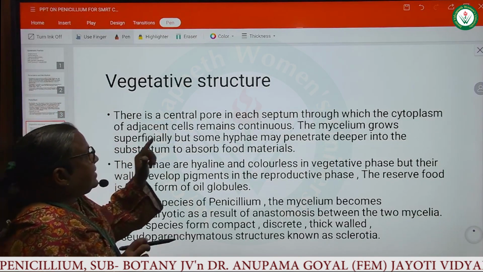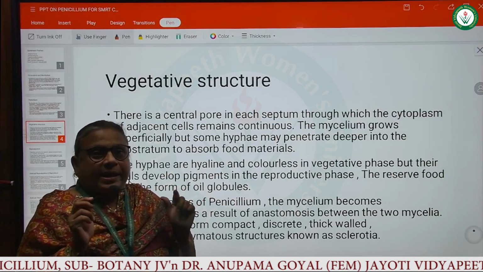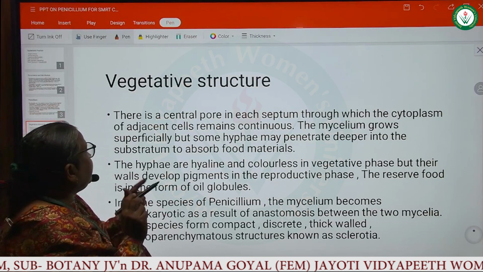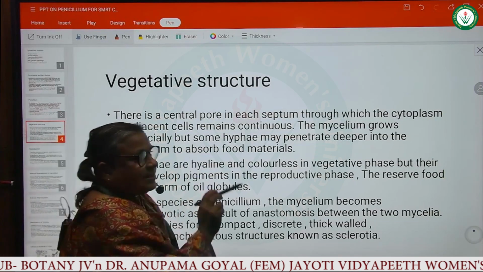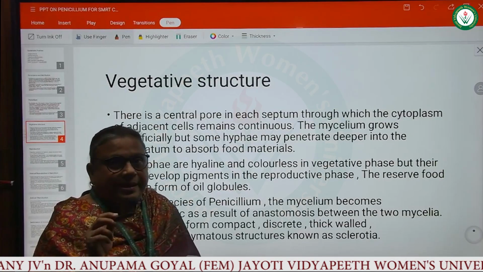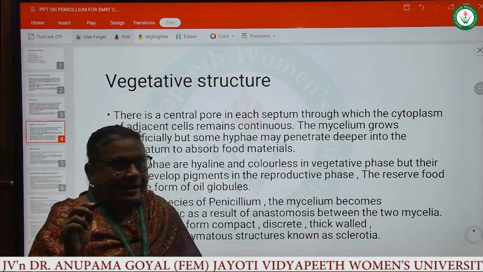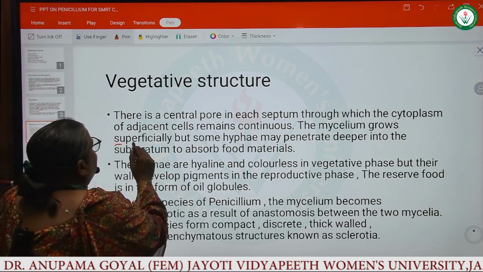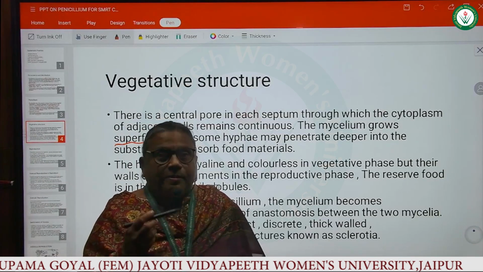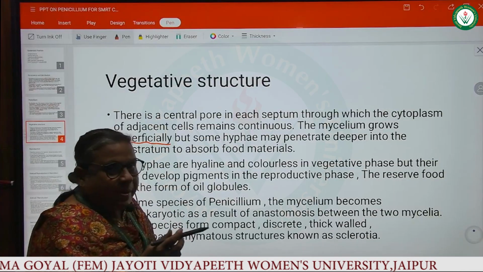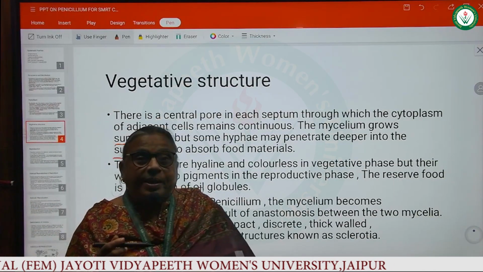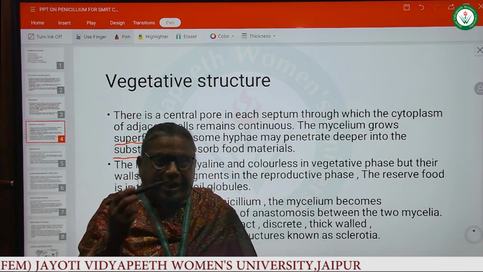There is a central pore in each septum through which the cytoplasm of the adjacent cells remains continuous. The mycelium of Penicillium grows superficially, but some hyphae may penetrate deeper into the substratum to absorb the food materials.